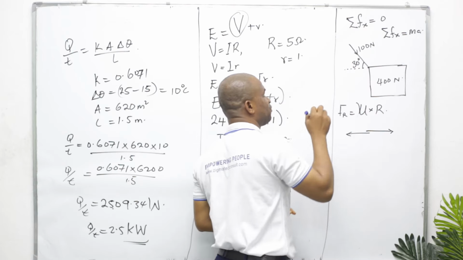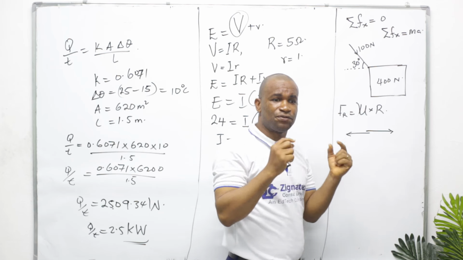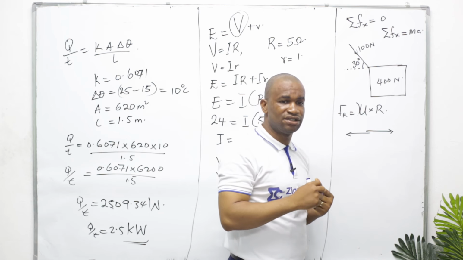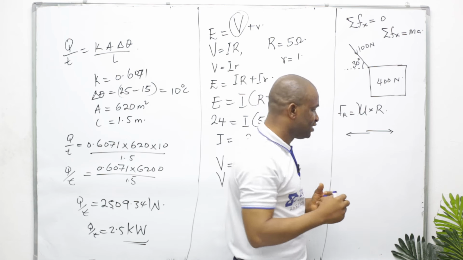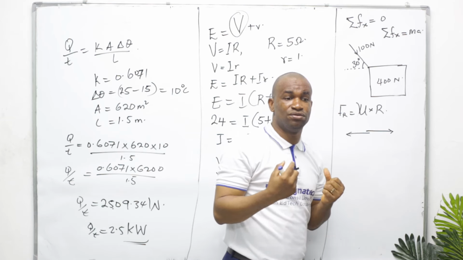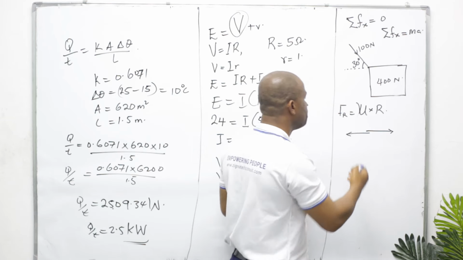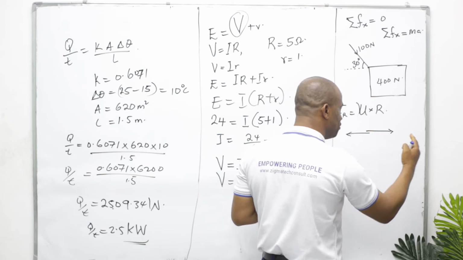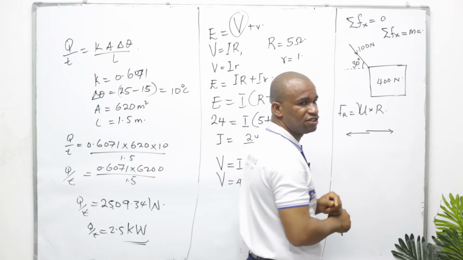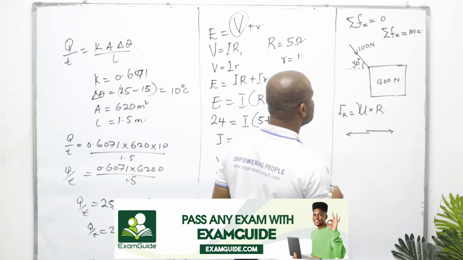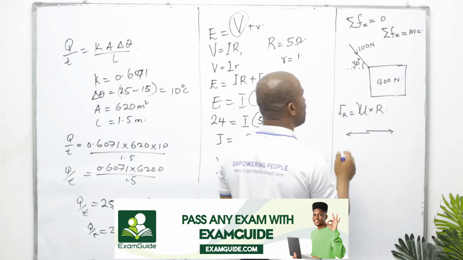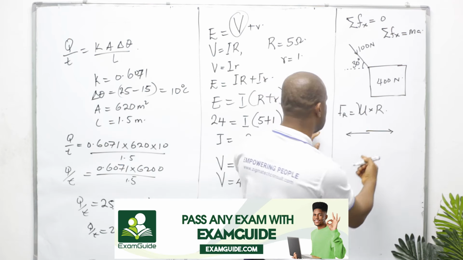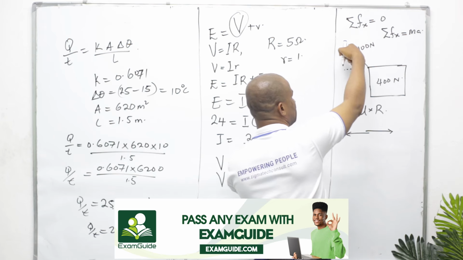When we talk about the Fx, we're talking about the resultant force on the horizontal direction. And the resultant force must be equal to 0. So that means the force in the direction the body is moving minus the force opposing its motion. So in this case, we have a force moving in opposite. We are going to resolve this actually.